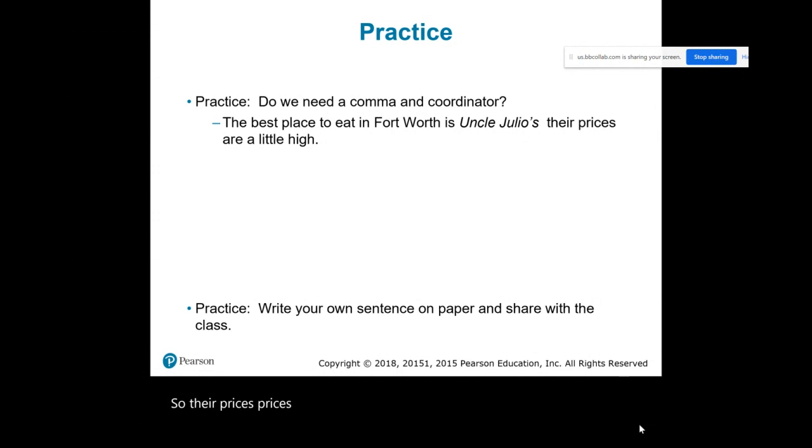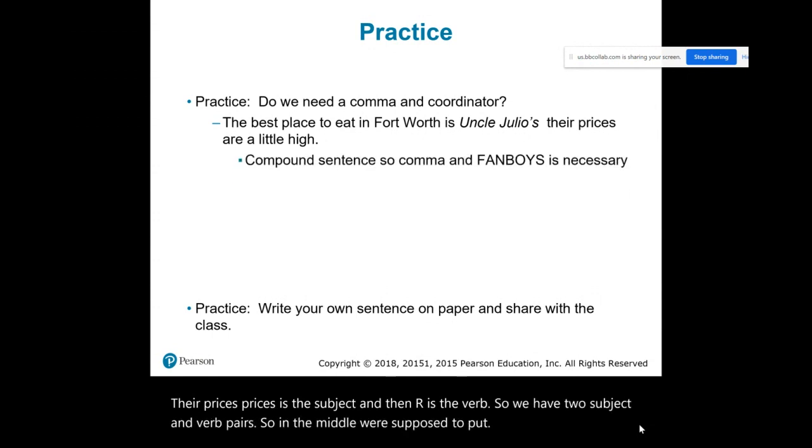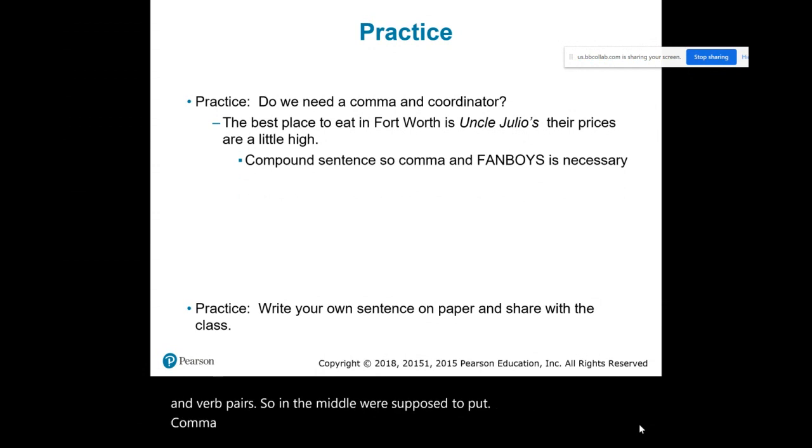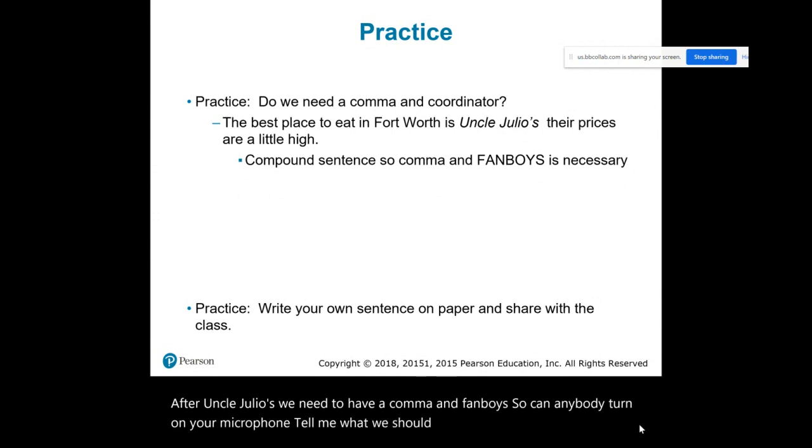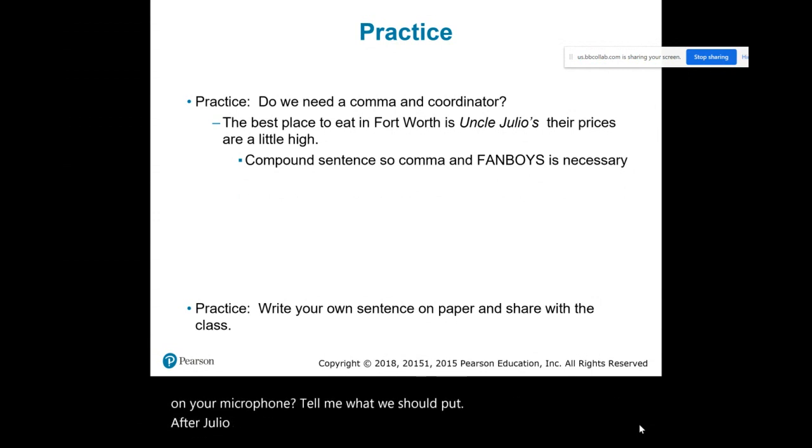Prices is the subject, and are is the verb. So we have two subject and verb pairs. So in the middle, we're supposed to put a comma and fanboys. So my question, class, is what should we put after Uncle Julio's? We need to have a comma and a fanboys. So can anybody turn on your microphone, tell me what we should put after Julio's? Should we use and or yet or what? Go ahead, say it.